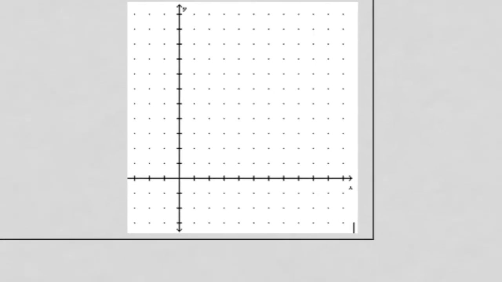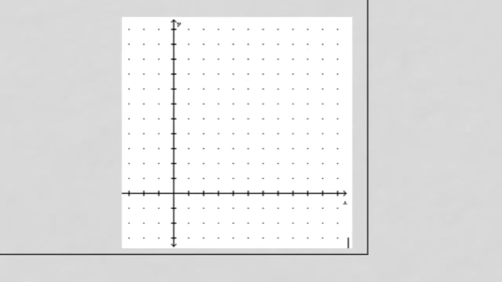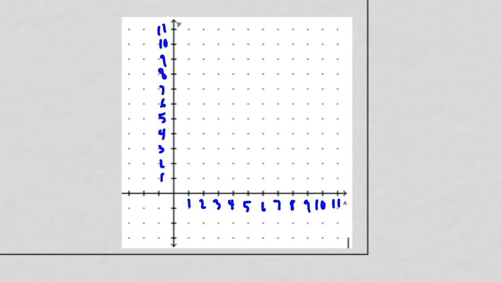Let's plot those points. Let's go by ones on the x-axis. 1, 2, 3, 4, 5, 6, 7, 8, 9, 10, 11. And by ones on the y-axis as well. 3, 4, 5, 6, 7, 8, 9, 10, 11.